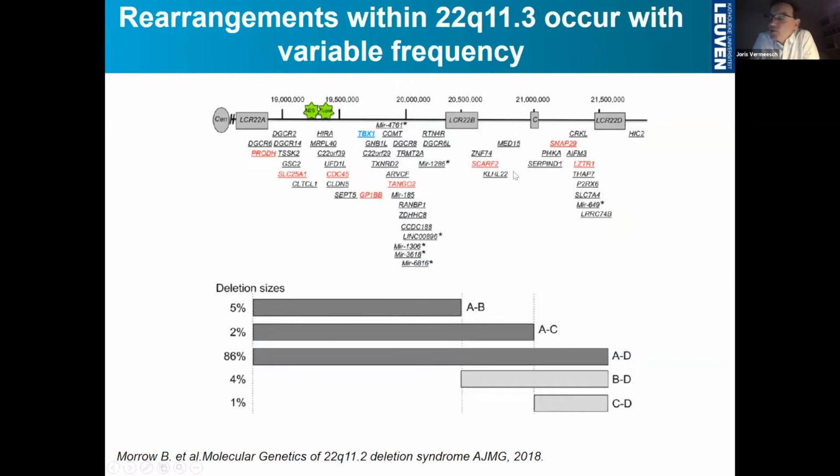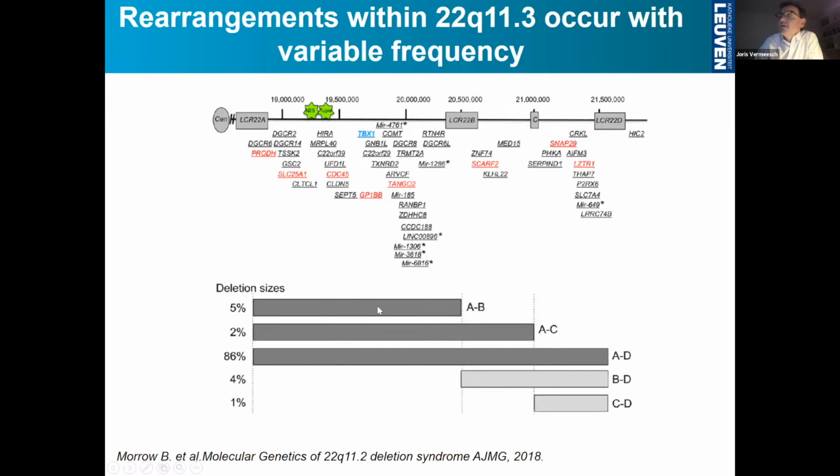if we look at the 22q11 deletion syndrome, we only look at the rearrangements between the first four low copy repeats, low copy repeat A, B, C, and D. The reason we mostly look at those is because of the genes located in that region. They're recognized either because of some heart defect, and then the TBX1 or the CRKL deletion is probably the major cause of these heart defects.